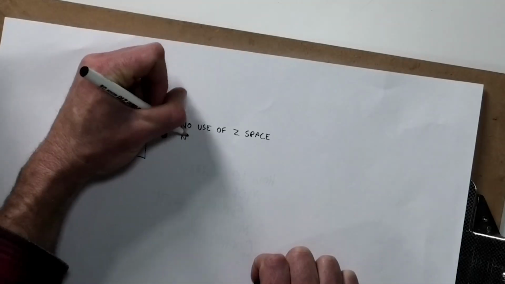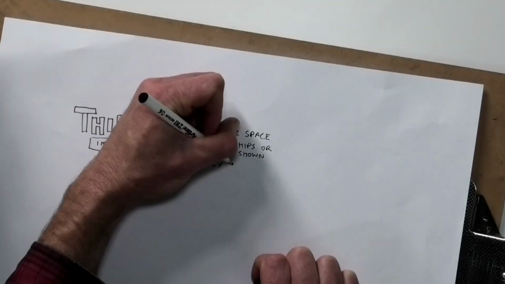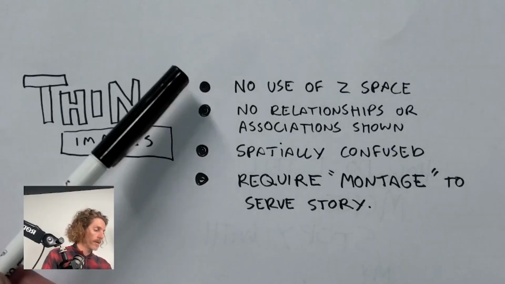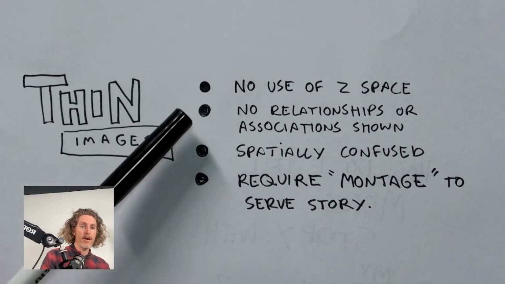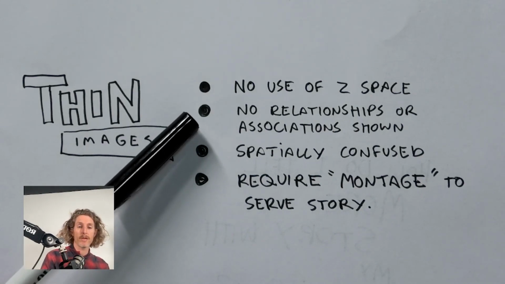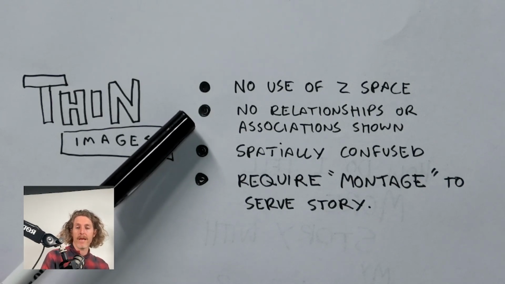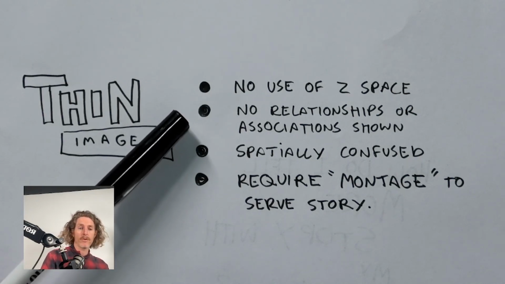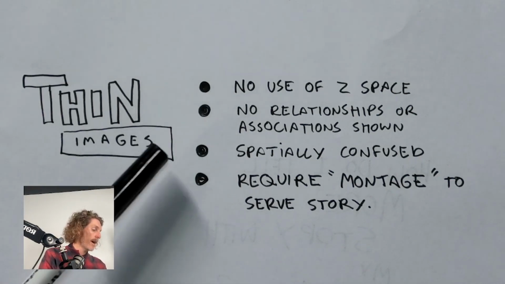So generally, thin images have very little use of the Z space. They don't have enough information in them to show relationships or associations between characters and places, characters and objects, characters and characters. So relationships between story elements.